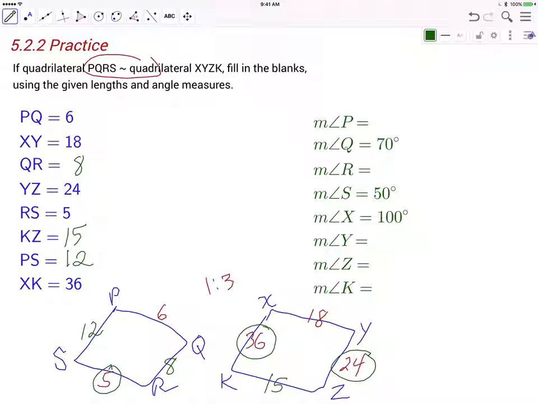Okay, over on the angles, let's do something a little bit different over there, purple. We are told that angle Q is 70. Okay. Well, that means that angle Y has to be 70, right? So we can fill that right in. 70.